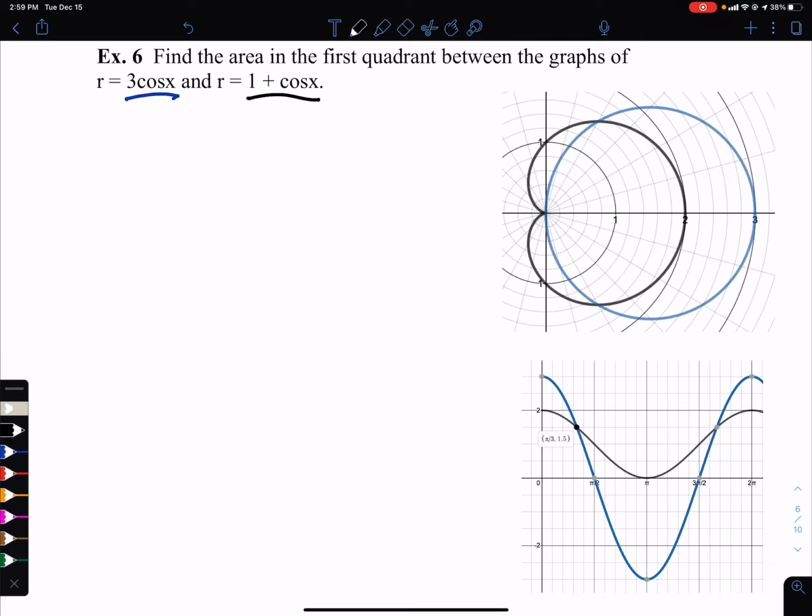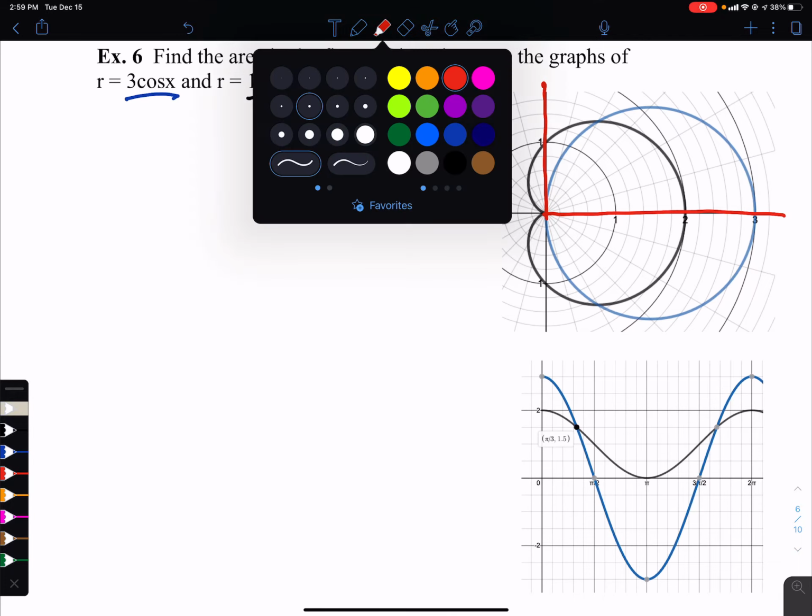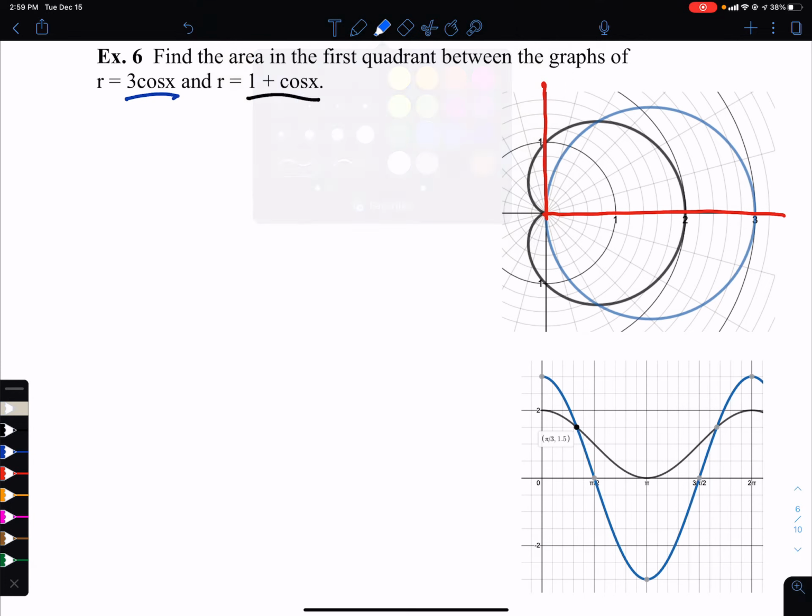And so between those two graphs in the first quadrant, my interpretation between the graphs is going to be that region, right? So how am I going to do that?